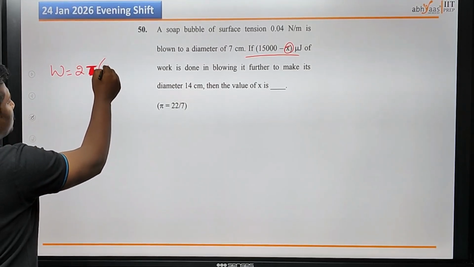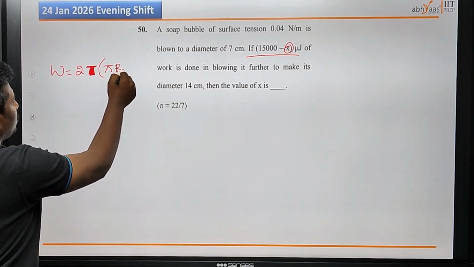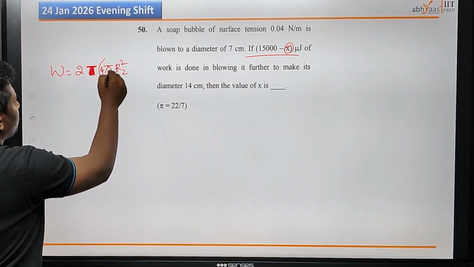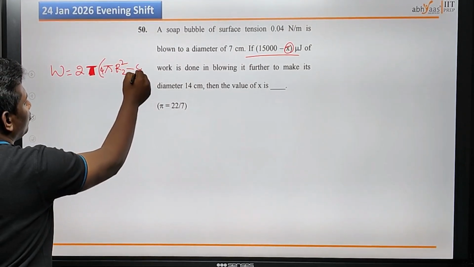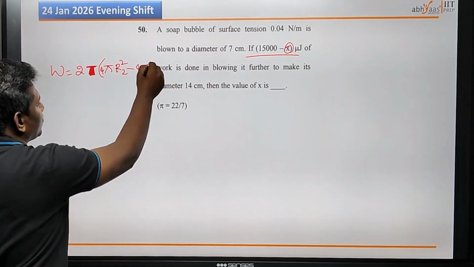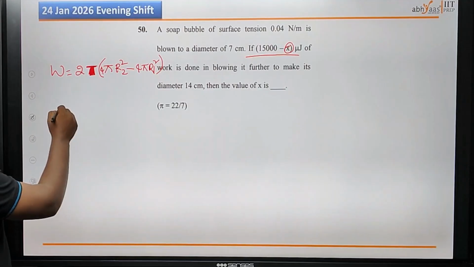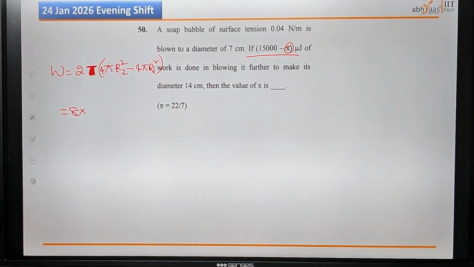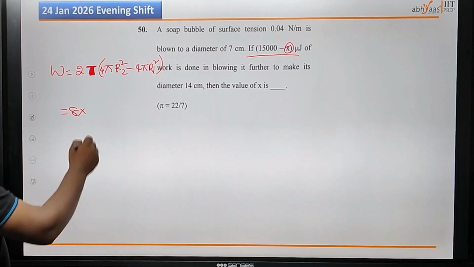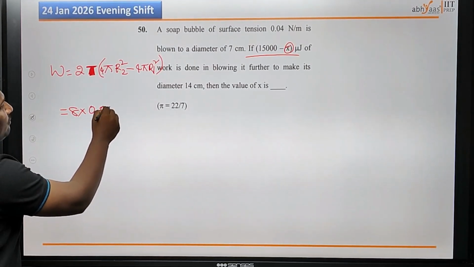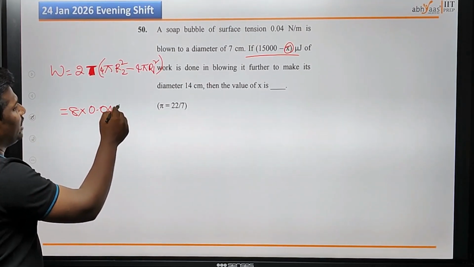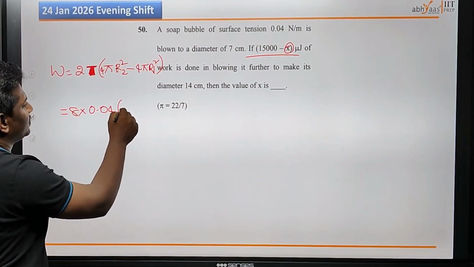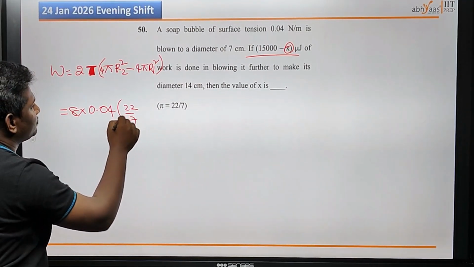Area is 4 pi r2 square minus 4 pi r1 square. So simply you can say 8 into surface tension 0.04 into pi, 22 by 7.